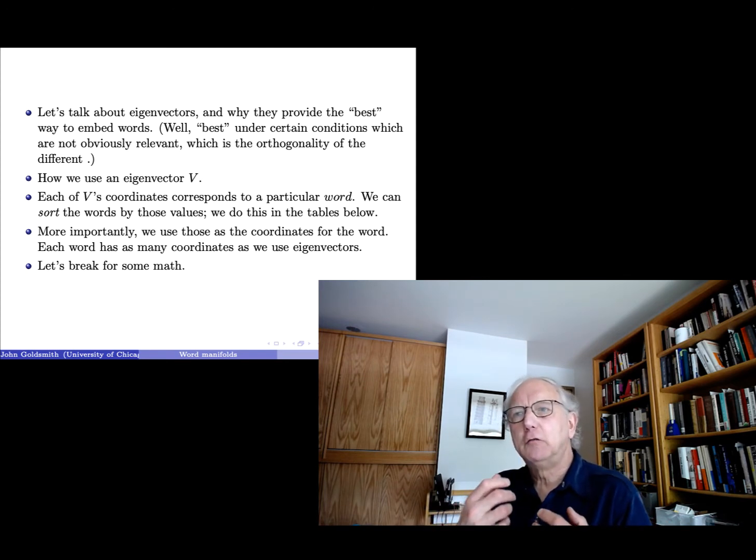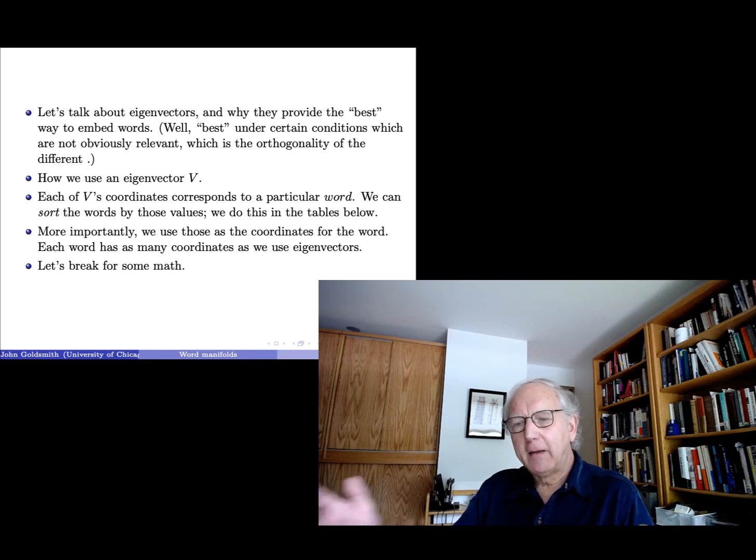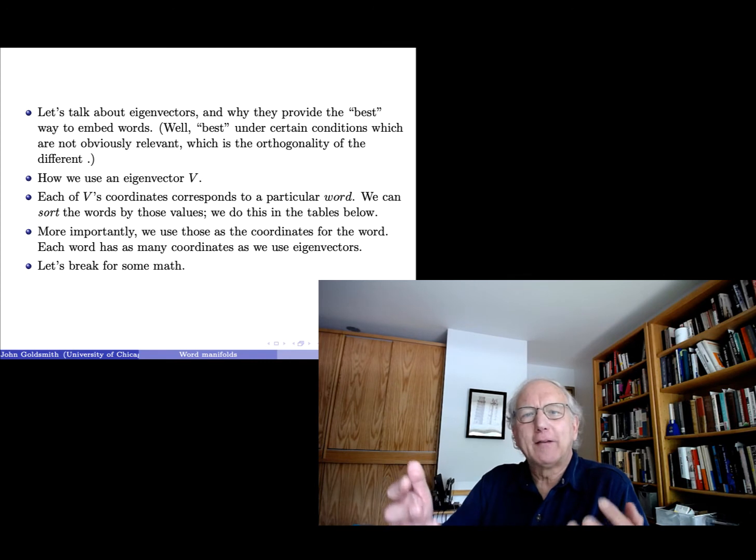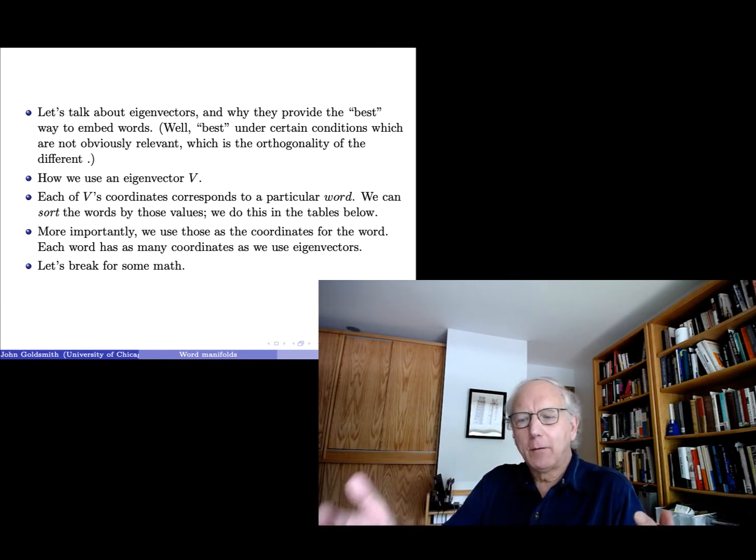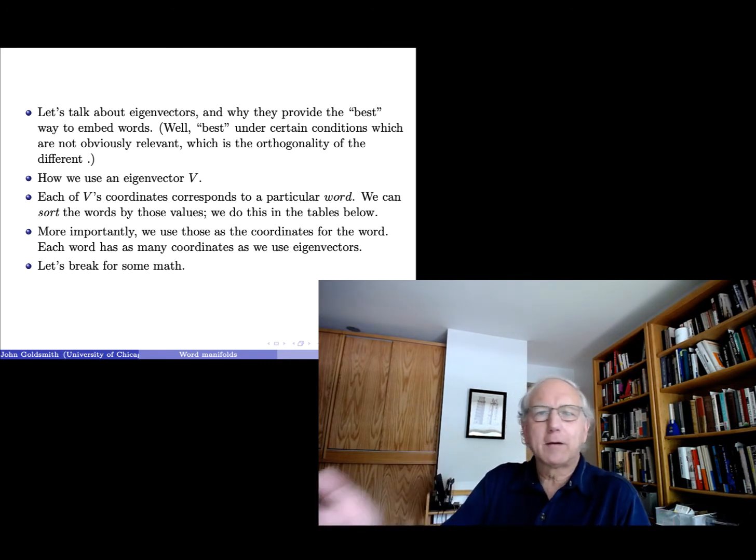So what we're going to do at this point is sort the coordinates of the eigenvector. And that sounds really kind of crazy. Why would you sort the coefficients? It sounds like you're moving one coordinate into the coordinate for another dimension.